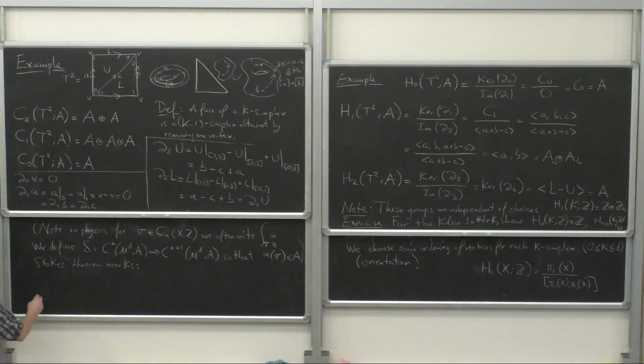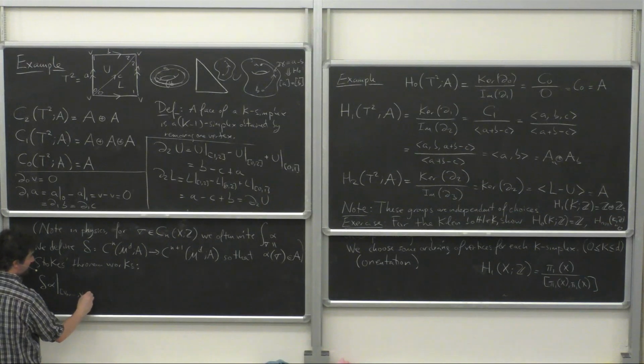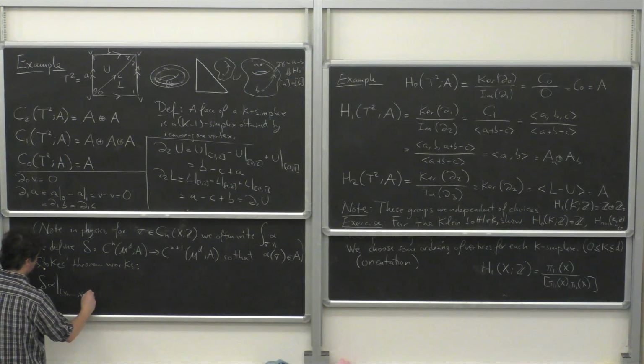So what does this mean? If I take the exterior differential of some alpha, and I evaluate it on the image of some simplex, V0 up to V_{n+1}, yes.